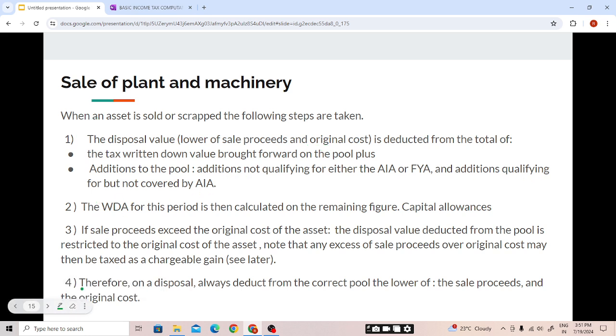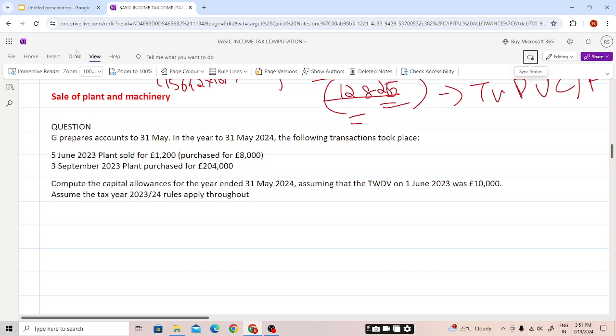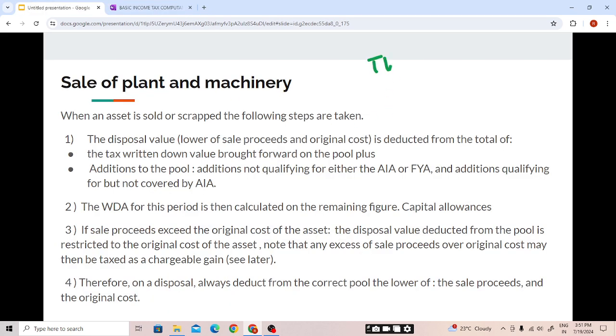I hope the first point is clear, students. It is very simple. First the tax written down value, then any additions qualifying for AIA, additions not qualifying for AIA, then disposal. This disposal will be reduced from which value? The tax written down value.